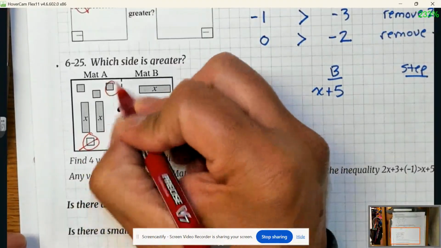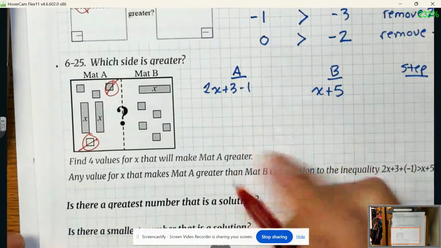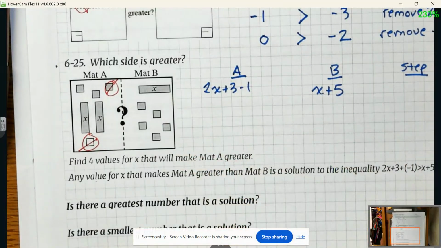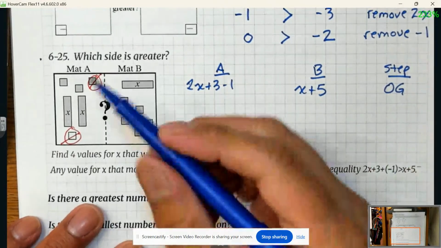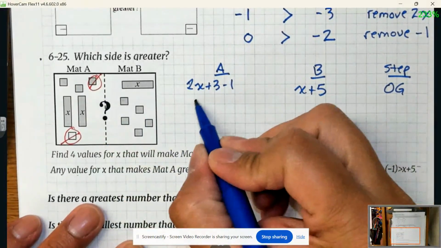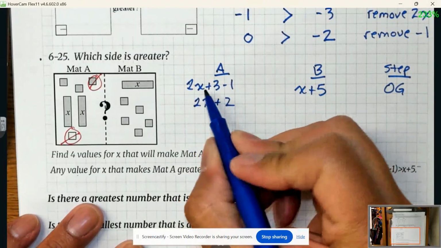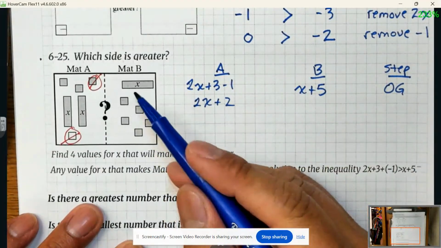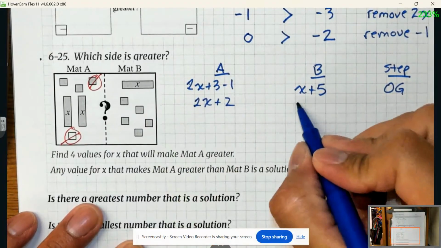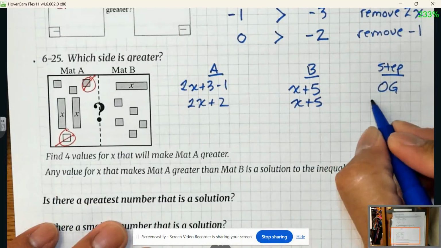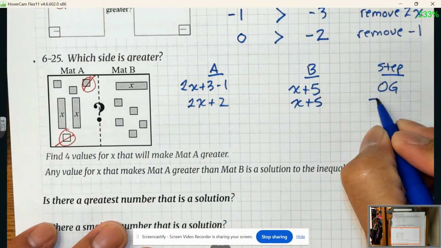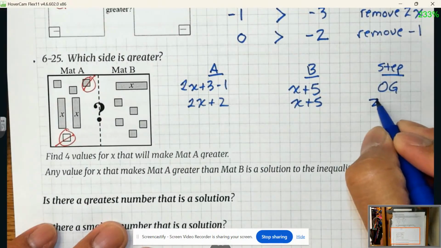We have a -1 and a +1, and then no more 0 pairs. So what that leaves us with, this was the original expression, 2x plus 2, there's that 3 and -1, and then x plus 5. That was unchanged. And what happened here was, let's just call it like terms.